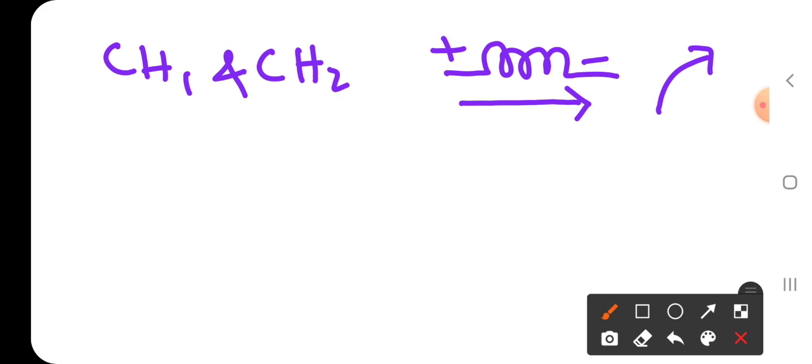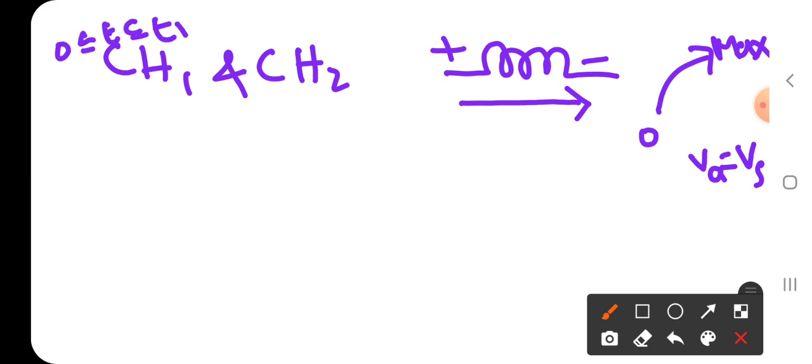I naught increases from 0 to maximum. And here the load, the motor, is connected to the source, so hence VA is equal to VS, like this. This is from 0 to T1.